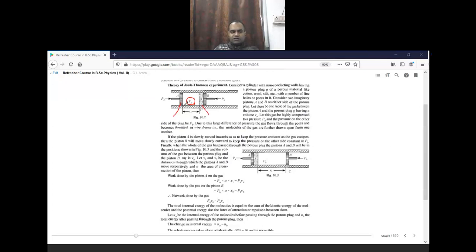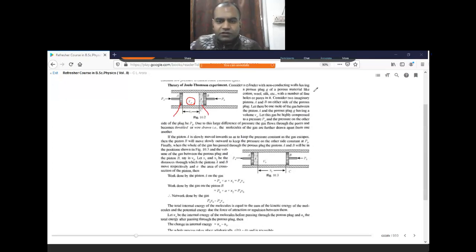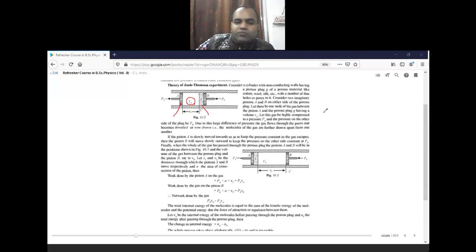So you place a gas between the piston and the porous plug, and the gas has a volume of V. Only one mole of the gas is there.